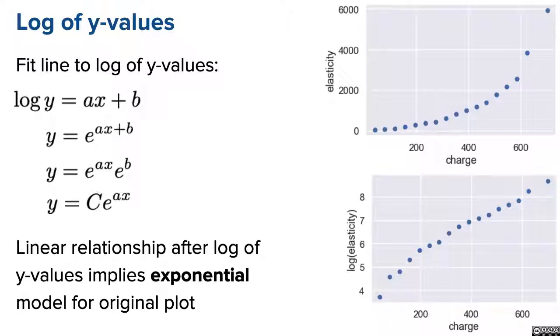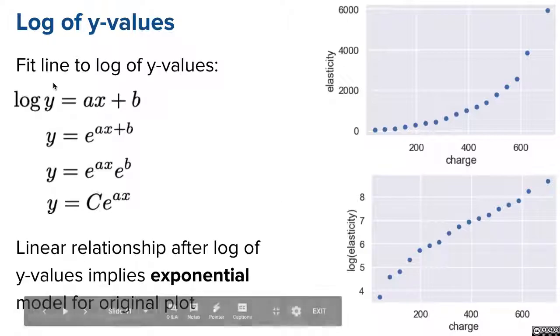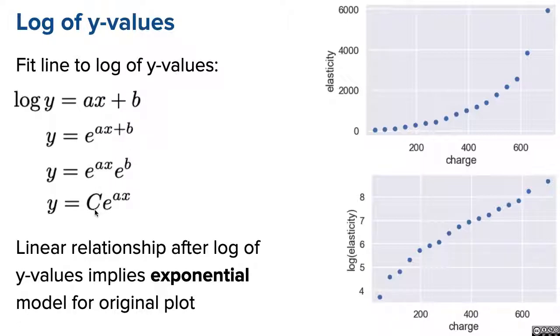So if I give you a plot like so on the bottom right-hand side and show you that I've taken the log of the y values, and I tell you the slope and the intercept for this line on the log y scale, you should be able to go back and tell me these two constants here, the constant for the exponent and the constant before the x.